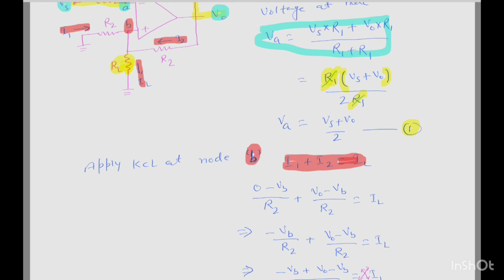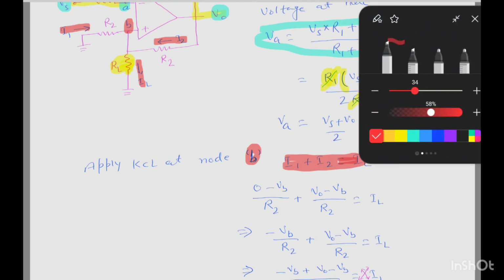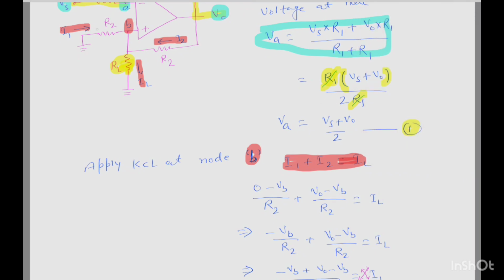Now we have to find the current across the resistance R1 and the resistance R2. One terminal is at ground, and the other terminal has voltage VB.